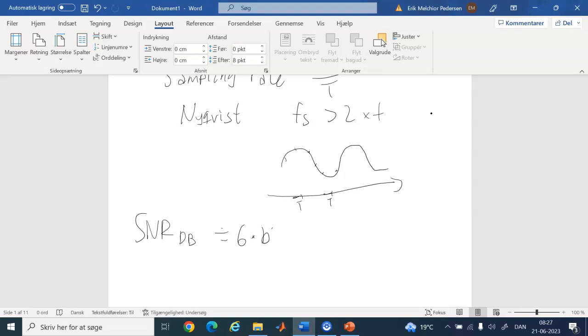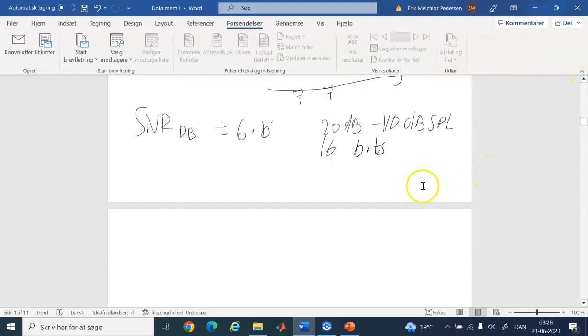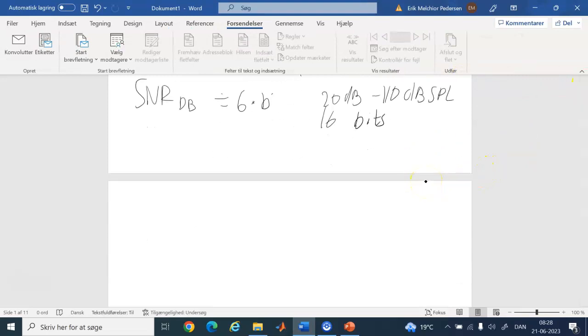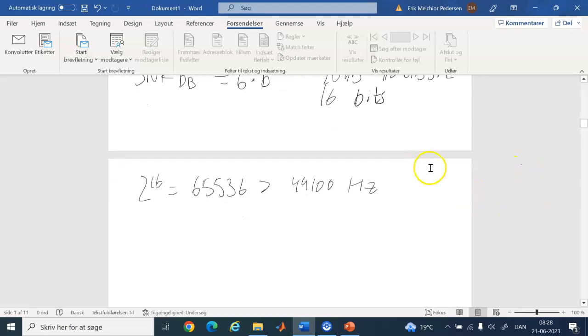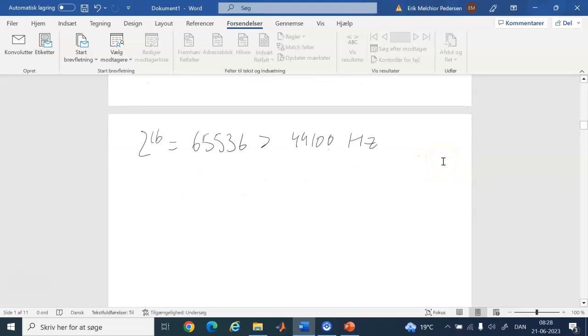So if we have a range from 20 decibels to 110 decibels SPL, you need 16 bits. And this is a good number. And 44,100 hertz fits with 16 bits.